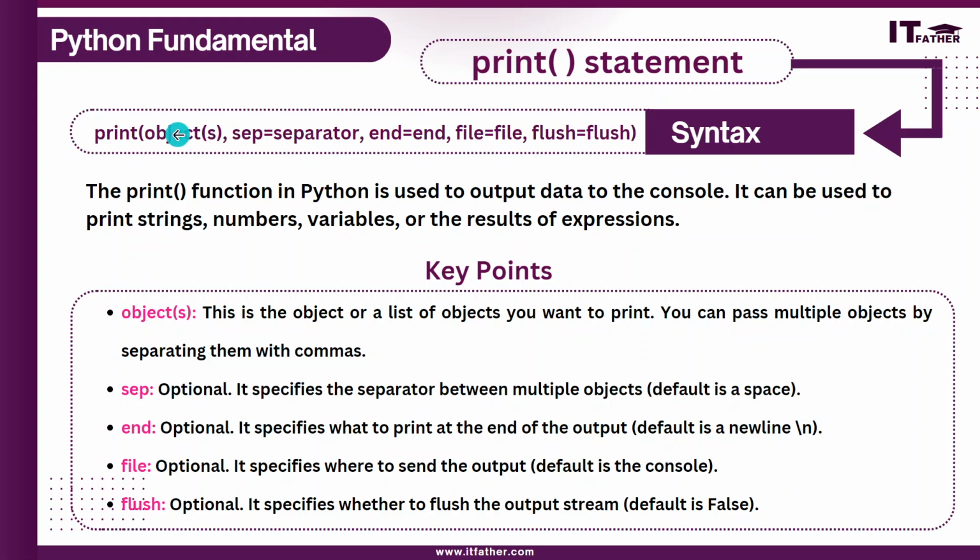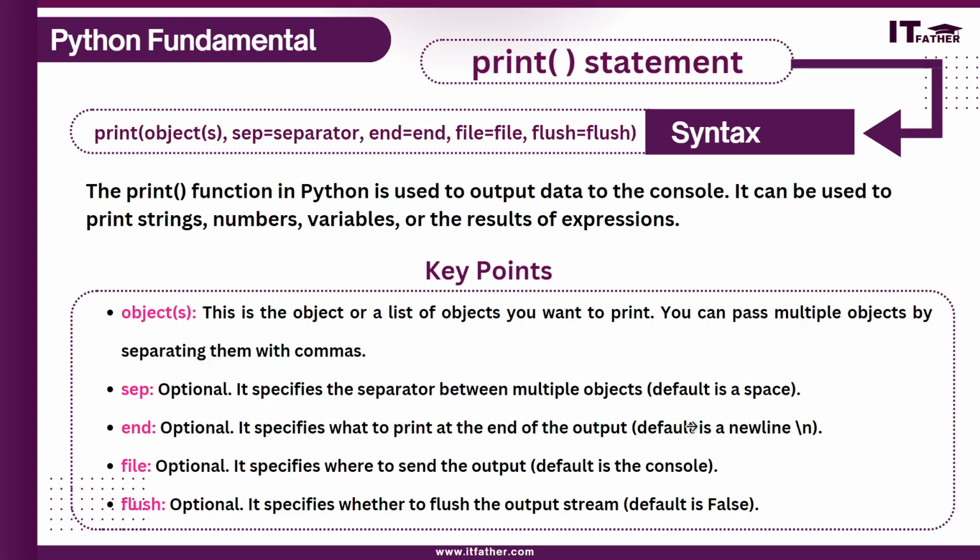But if you are printing an object, it will print the object. If you are giving a separator, an end statement, a file or flush, then let's understand what the use of all these optional values is. First of all, the print function in Python is used to send the output data to the console. Console means directly on the screen by default, okay?